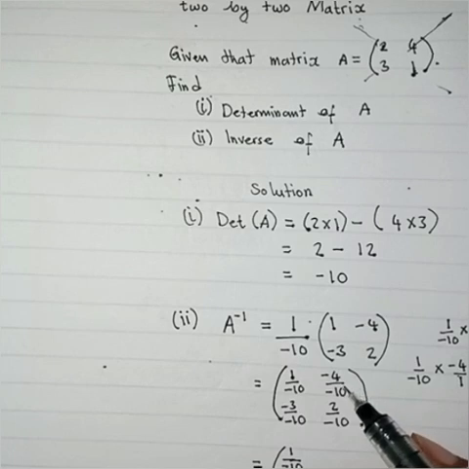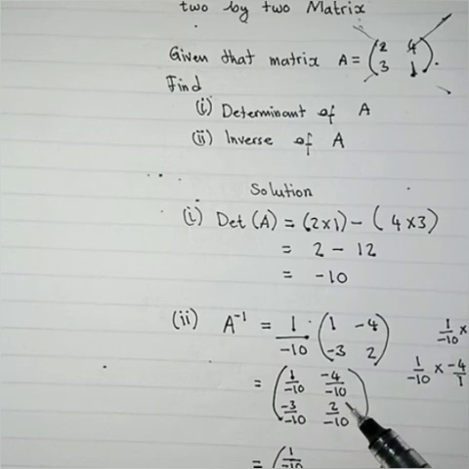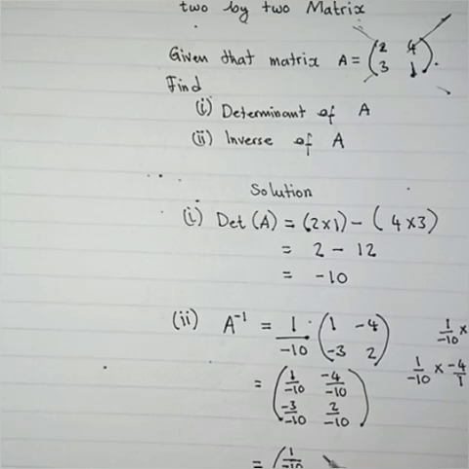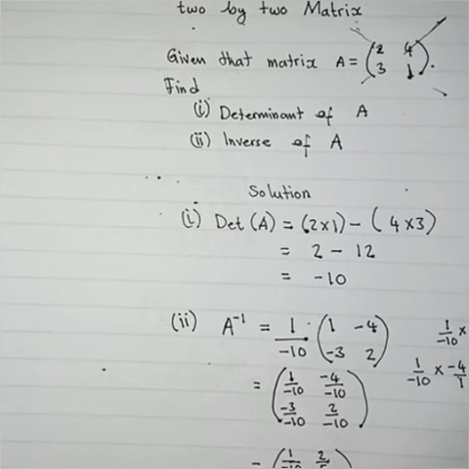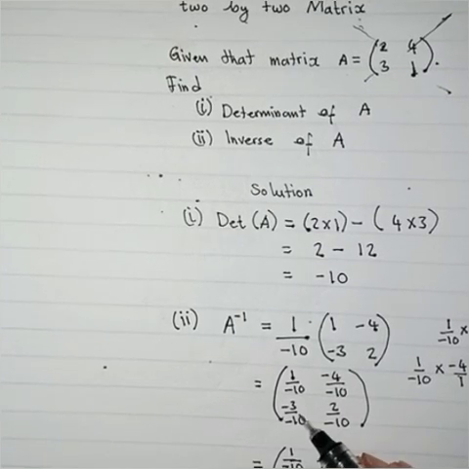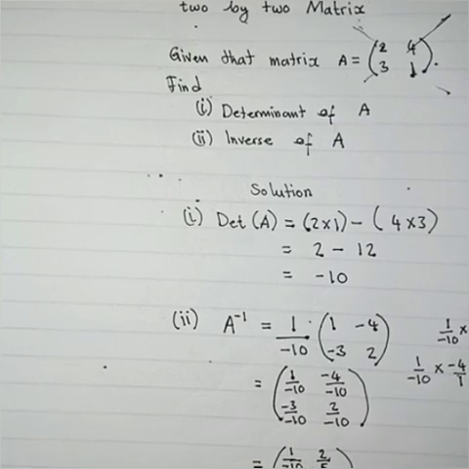A number which goes into 4 and 10 without leaving a remainder: 2 into 4, we get 2. 2 into 10, we get 5. A number which goes into 3 and 10 without leaving a remainder, there is no number, so we leave it like that. Negative divided by negative, we get a positive, so this will be 3 over 10.